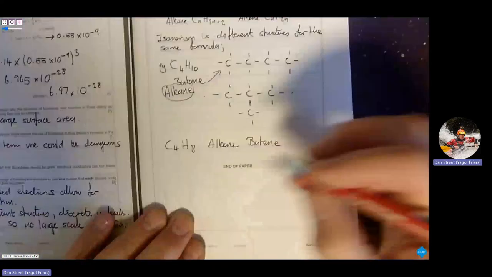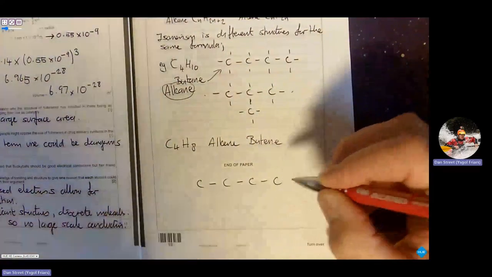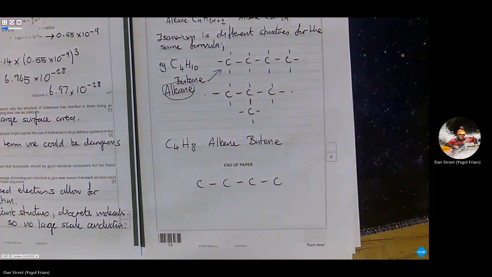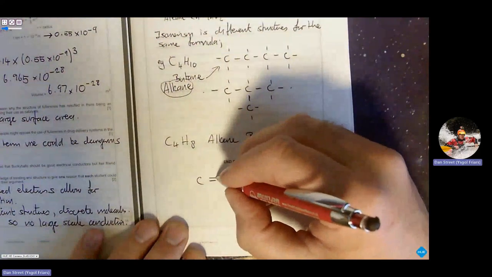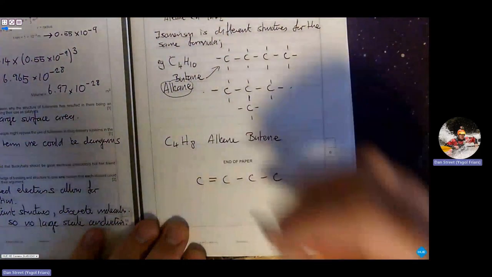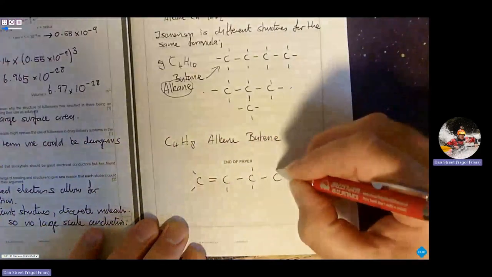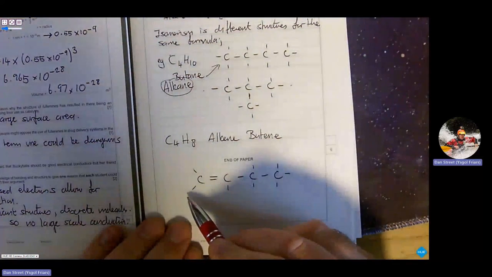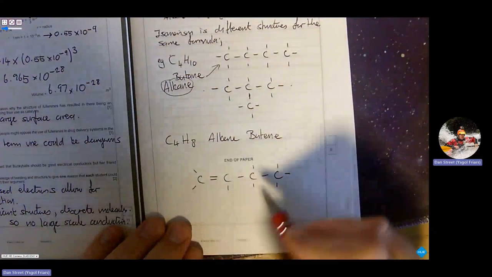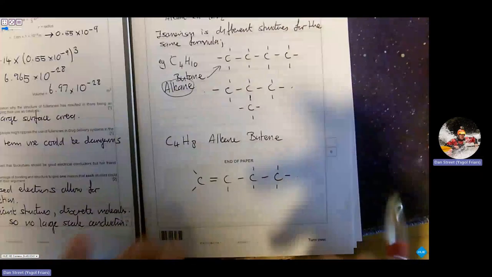And butene is 4 carbons in a row, and in the simplest version of butene, we'd put the double bond between the first 2 carbons like that, and then we make sure that we've got the appropriate number of hydrogens on there. Okay, and if we just double check on the end of each of these bonds, we would have 1, 2, 3, 4, 5, 6, 7, 8 hydrogens, which fits our formula.